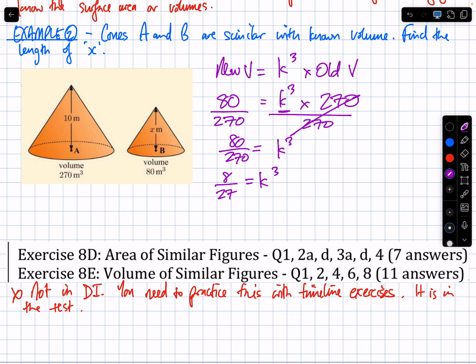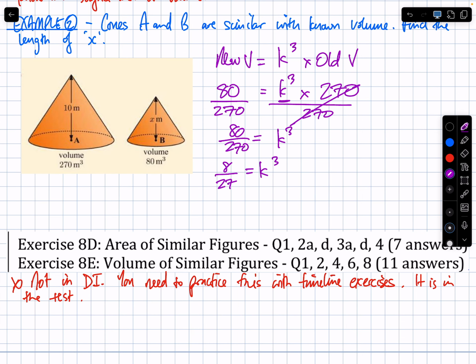Is there a number I can cube to get 8? What number can I times by itself 3 times to get 8? Yep, 2. So k is going to be 2 over... Is there a number I can times by itself 3 times to get 27? 3. So k is going to be 2 over 3.